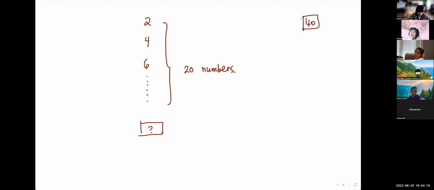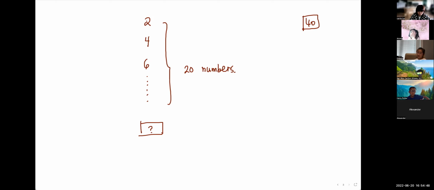Okay, so Colton, do you think they're right or not? It is right. But why is it 40? How did you get it? Please explain. 2 times 20. Why 2 times 20? First number times how many numbers, and then that's how much you have.